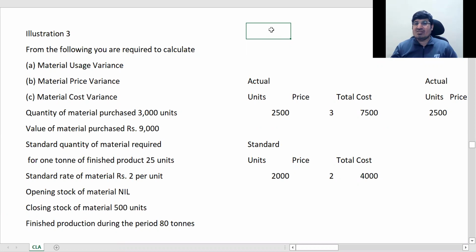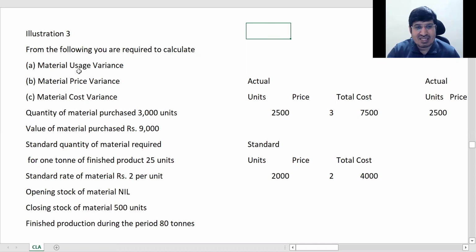Okay, so that is not dependent on mix. But when you are not mixing two or more things to get a product, then you will not get mix variance. Where only one product is used, one input gives one output, there your yield variance will not come.